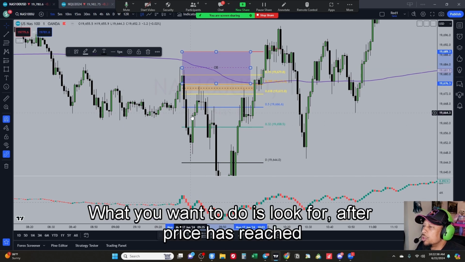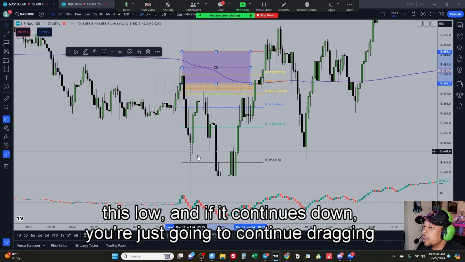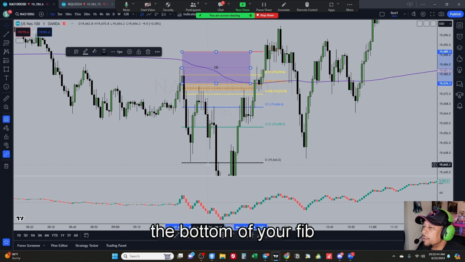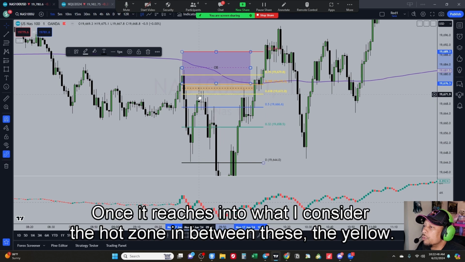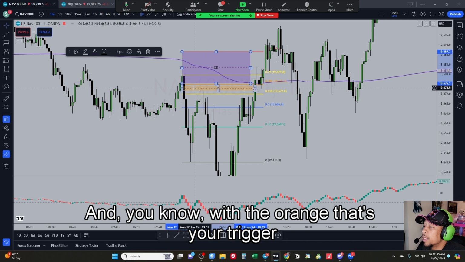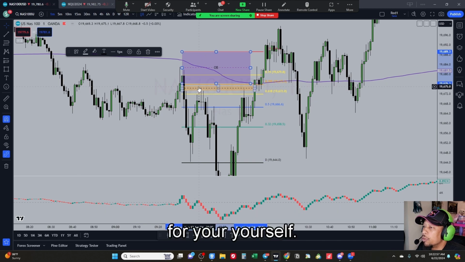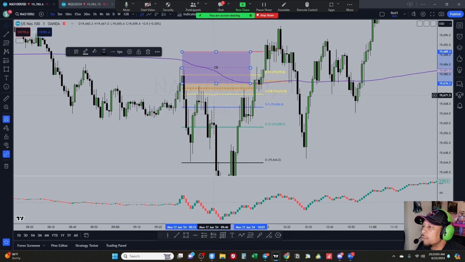What you want to do is look for after price has reached this low, and if it continues down, you're just going to continue dragging the bottom of your fib until it stops and turns around. Once it reaches into what I consider the hot zone, in between the yellow and the orange, that's your trigger for your sell. The first line is considered an aggressive entry for me.